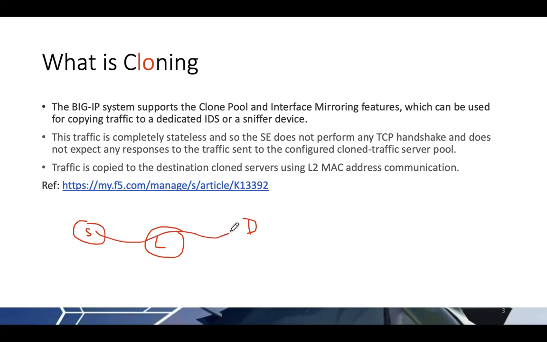When the traffic has been sent from the source to the destination, and the clone traffic is being sent to the clone server, there is no TCP three-way handshake happening between the clone server and the load balancer. This forwarding of the traffic happens on a layer 2 basis, so you can't expect a TCP three-way handshake between the load balancer and the clone server. That's a very important point we need to understand when we're performing this kind of cloning.